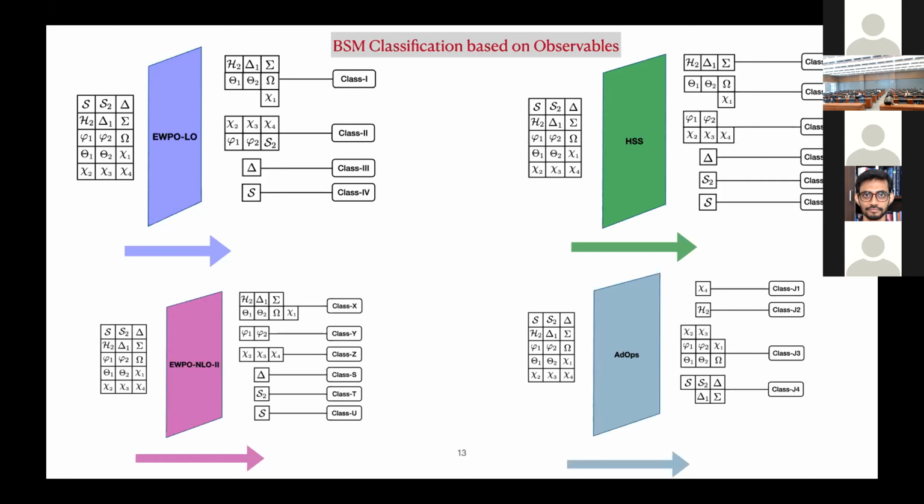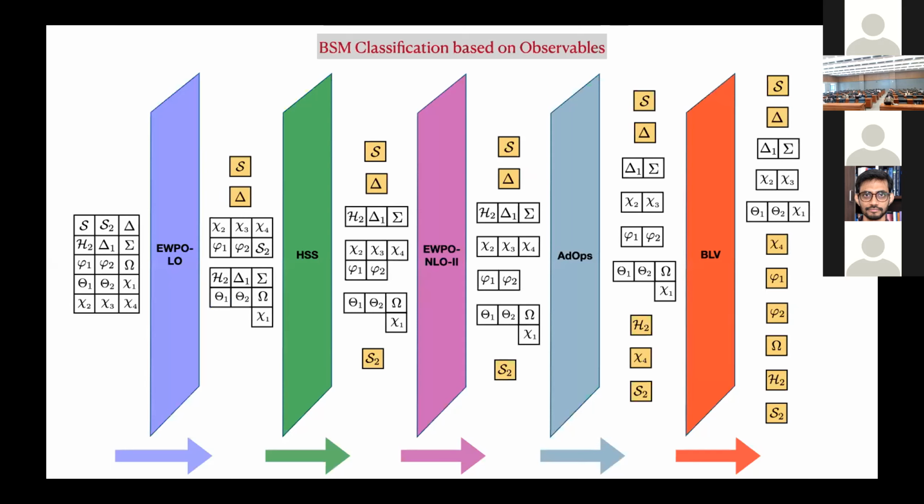Now, what will happen if we include all these observables simultaneously? Then this is the picture that you get. You start with these 15 different models, you pass them through the different observable sets, and finally you can see that the models are mostly non-degenerate, but there are still some classes, like the second, third, fourth, and fifth, which contain multiple models.